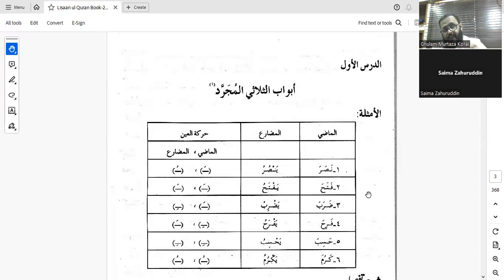So Abwab Thulathi Mujarrad has six chapters, and their awzan are different.